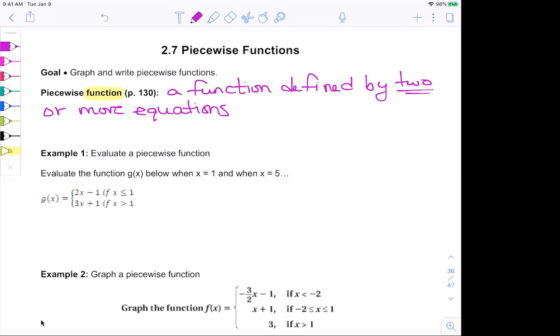Those equations have a specified domain. So we're using a piece of each equation, hence a piecewise function.